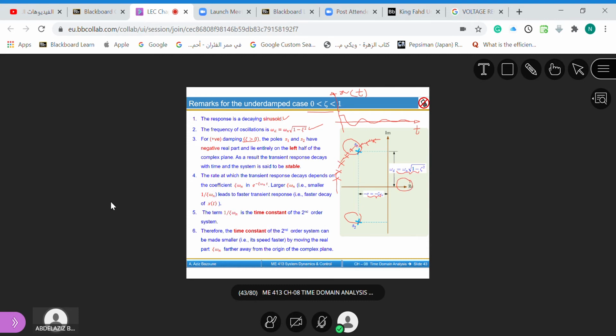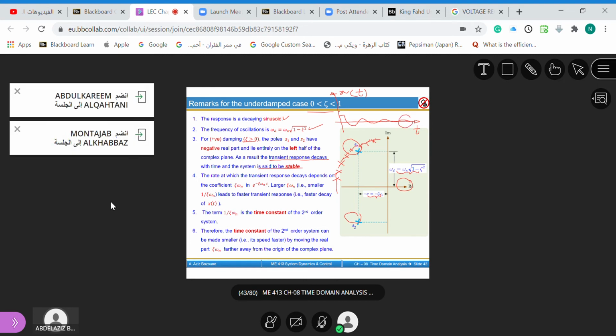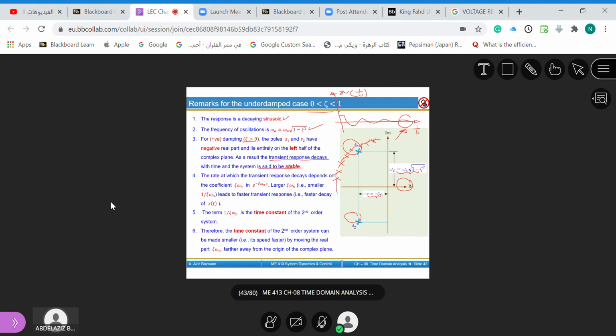So the real parts lie entirely on the left half of the complex plane. As a result, the transient response decays with time and the system is said to be stable, which means that when t goes to infinity, the response will go to a finite value.